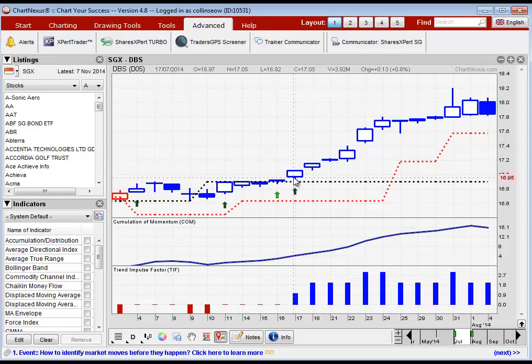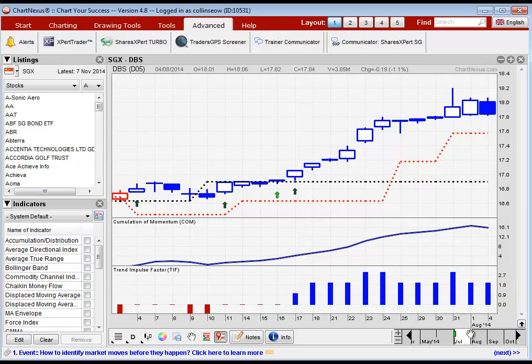The candlestick is blue, which indicates a buy, and also the TIF, the trend impulse factor, is above 0. So this indicates that this arrow is a strong impulse, as compared to the arrow before that. There's a green arrow, however there is no trend impulse. The trend impulse is red in color, indicating that the impulse is not strong.